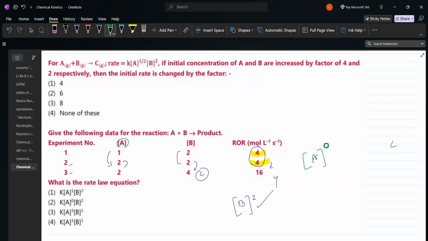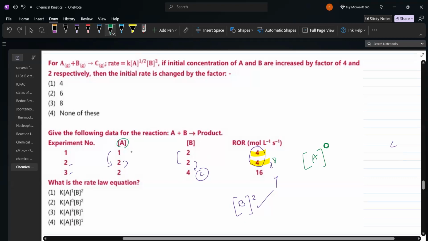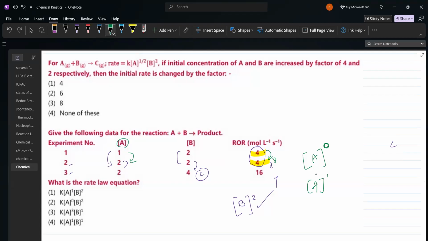Zaina, understood? See, let's assume if it was 8, then when we double the concentration of A, the rate of reaction would also double. Then we can say that yes, it should be the power of 1. Are you getting this? Yes, sir.